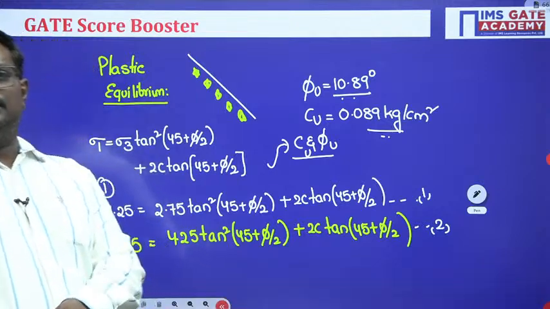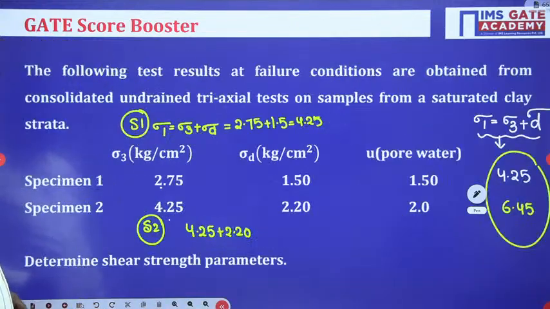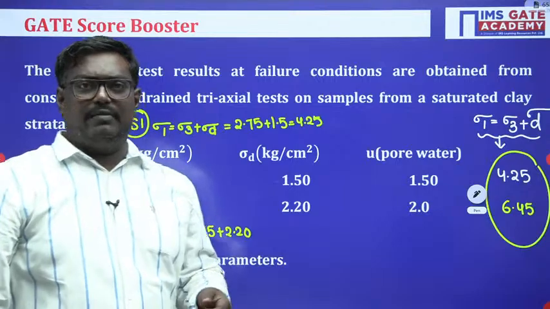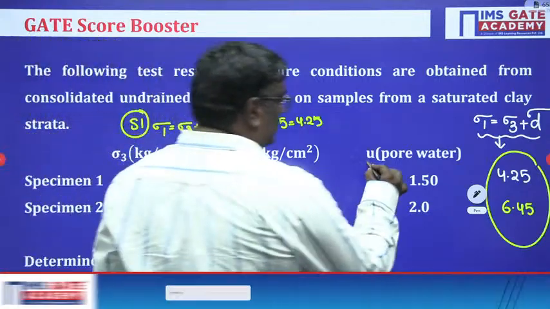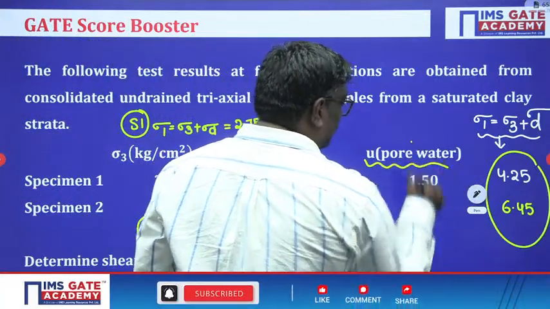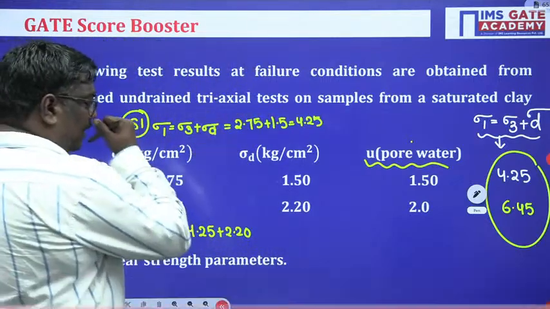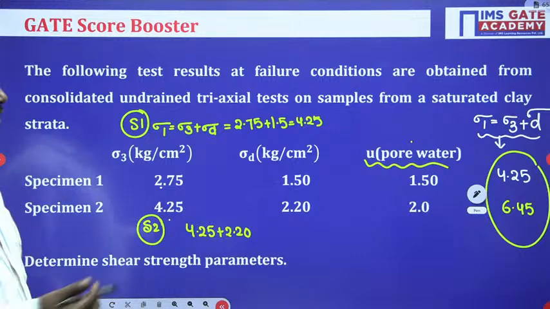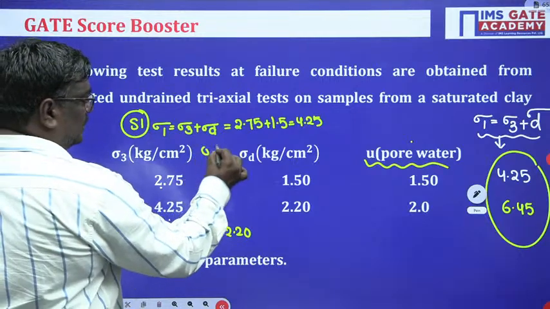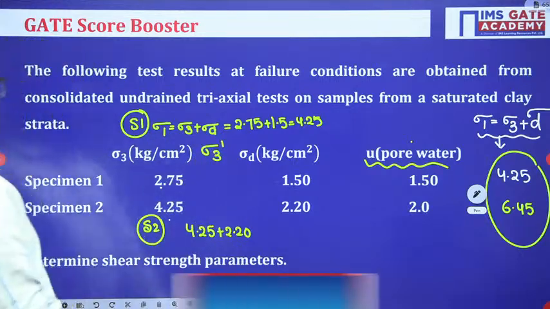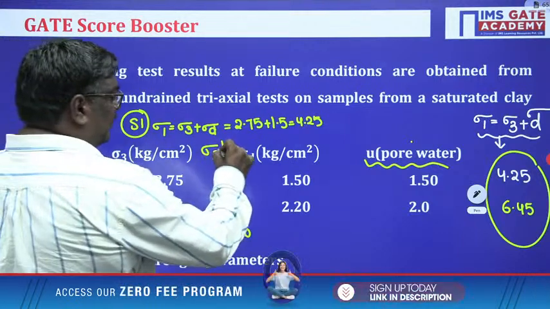Now similarly, my dear students, they have given you the pore water pressure. So in this case, you have to find out the effective stress. Sigma 3 dash means effective stress here.